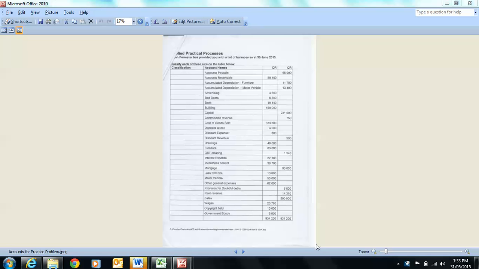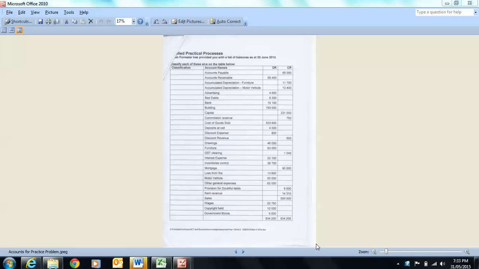We want to get to a situation where we've got a set of accounts just like is in front of us now, and we're going to end up with a balance sheet that sets out the assets and liabilities of an account, and an income statement that sets out the revenue and expenses of a business.